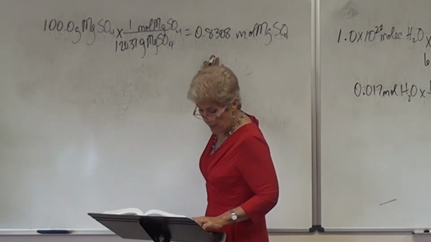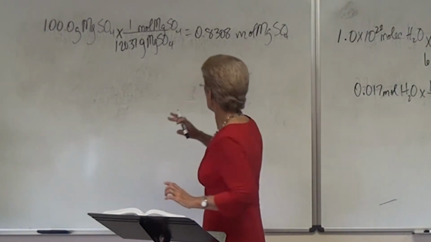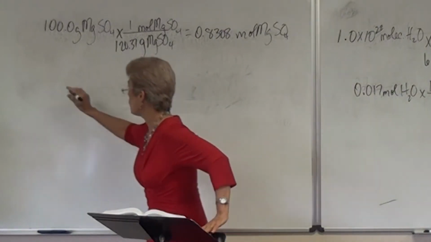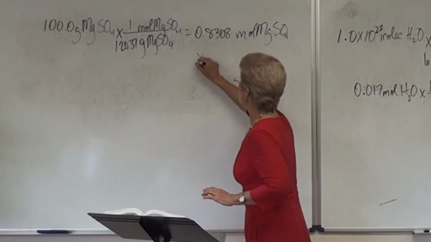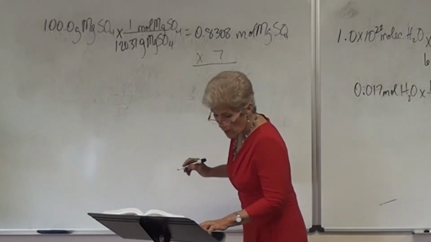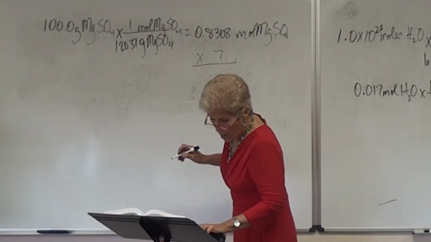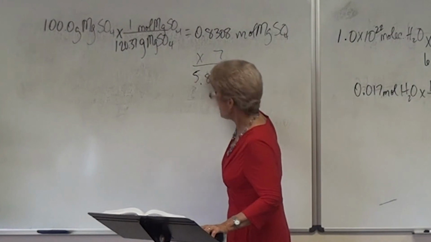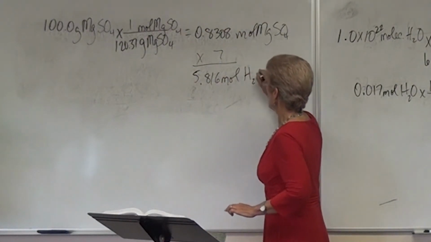We know that there is a ratio of 1 to 7 here. So we're going to go ahead and take that number and multiply it by 7, and that's how many moles of water it can absorb, right? So if we take this number and multiply it by 7, it's going to give us 5.816 moles. That's how much water that this can absorb.